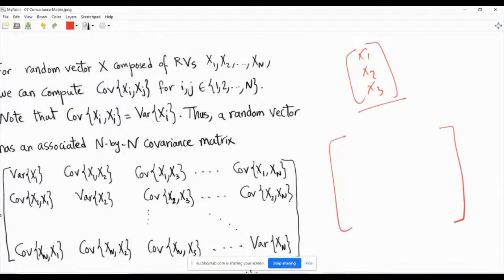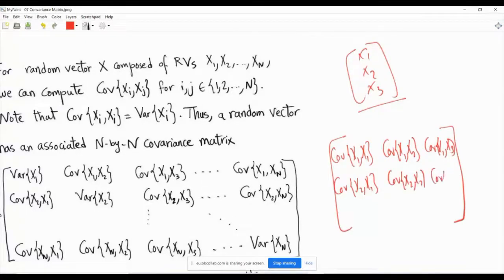So if we have three random variables, we put covariance x1, x1, covariance x1, x2, covariance x1, x3. Then we have covariance x2, x1, covariance x2, x2, covariance x2, x3. And then we have covariance x3, x1, covariance x3, x2, covariance x3, x3, right?